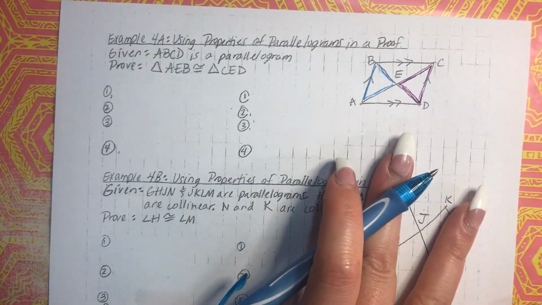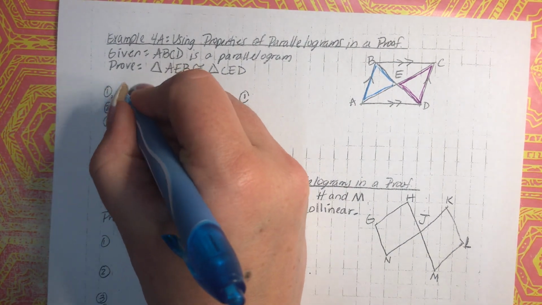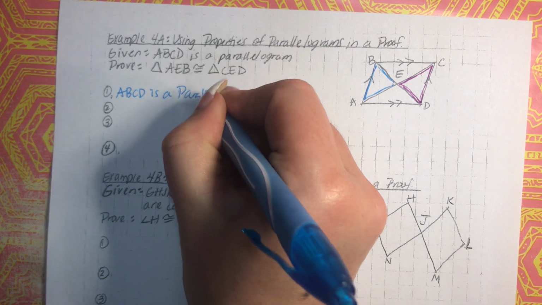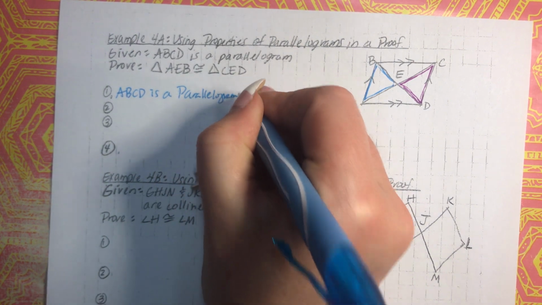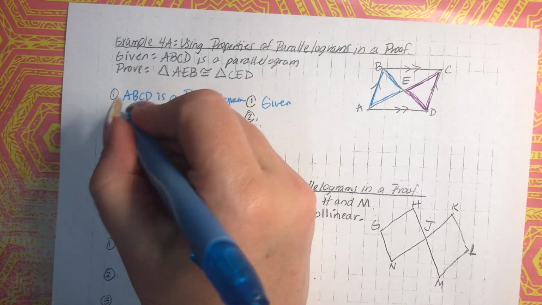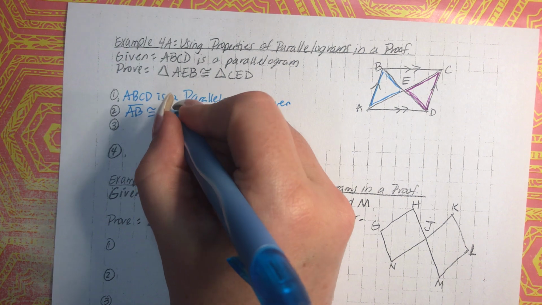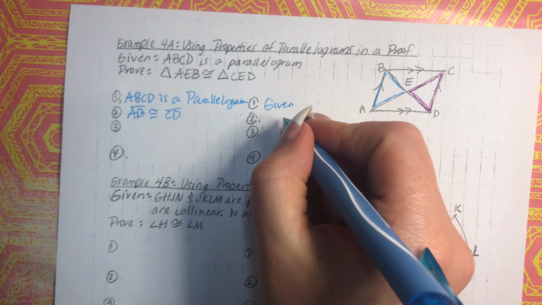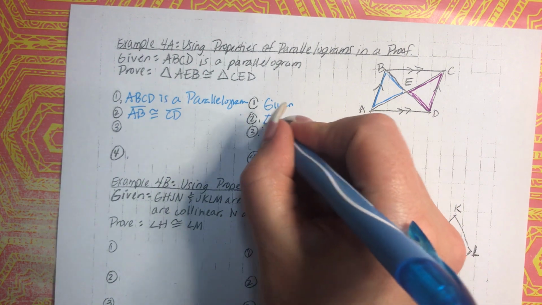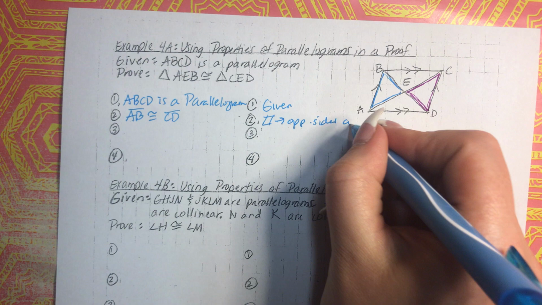So the first thing I'm going to say is that the given is that ABCD is a parallelogram. Okay, that's given. And then we can say that AB is congruent to CD because, why? Oh, if it's a parallelogram, then the opposite sides are congruent.